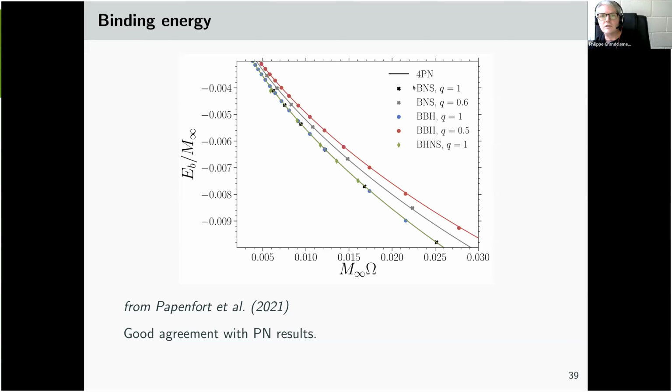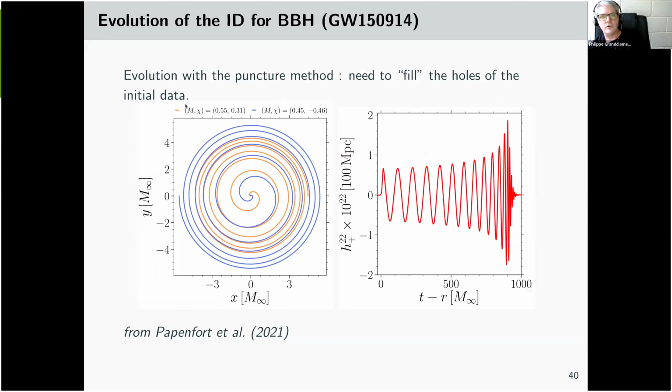Here you have, for instance, the 4PN results, which are the solid lines, and some results coming from the extended conformal thin sandwich method, both for binary neutron stars and binary black holes. And you do see that in that regime, the agreement is very good. If you do an evolution of those data, it also gives very good results.